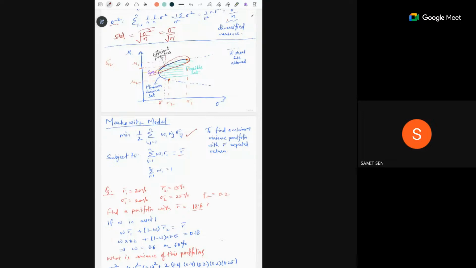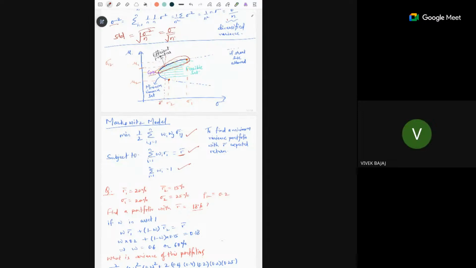And another condition is that the sum of the weights should be equal to 1. To solve this minimization problem you can use the Lagrangian method, and you can arrive at the values of the different weights.